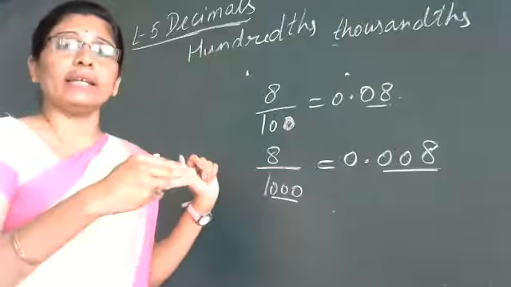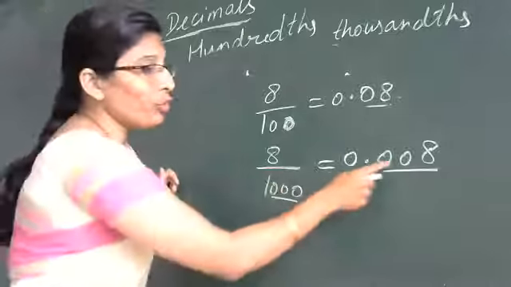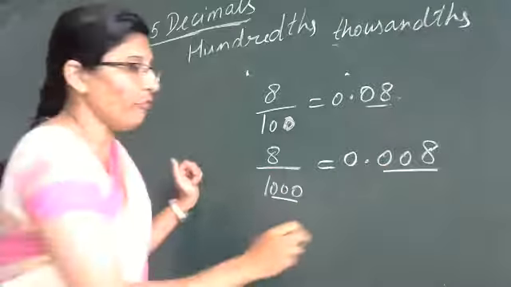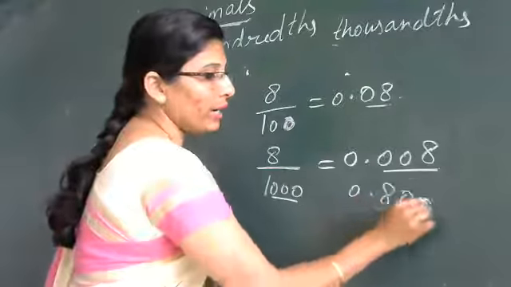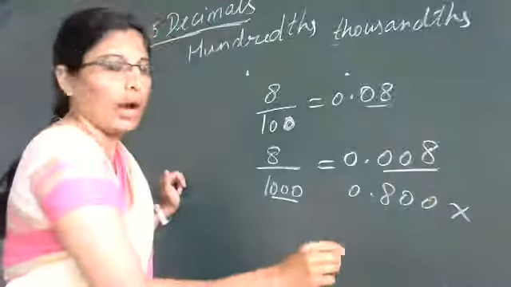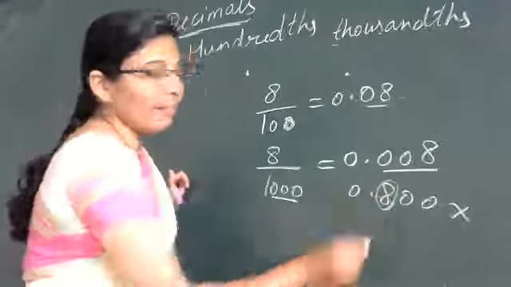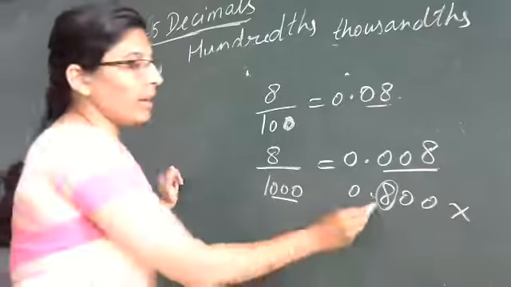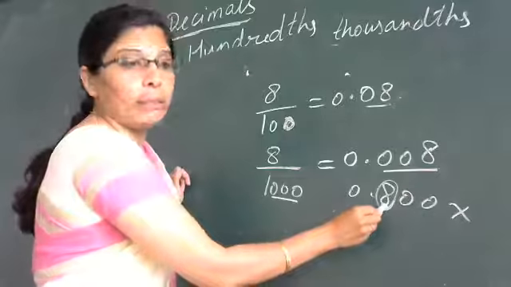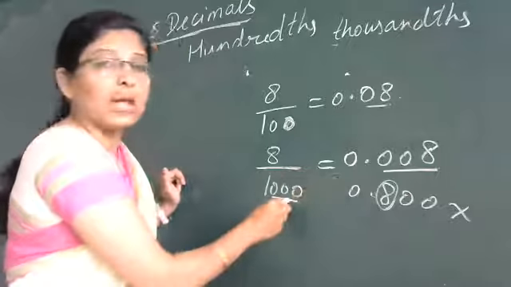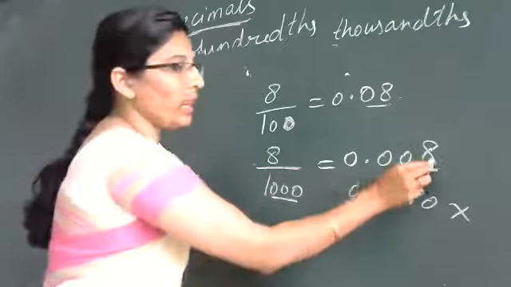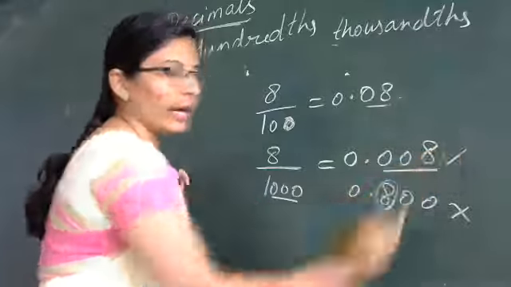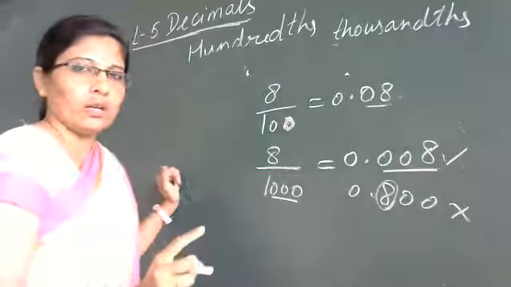So to make the 3 digits, we have to put 0 in front. If we put 0 on the back side, it is wrong. Why? Because the place of the digit will change. This will come in the tenth place, but we want the thousandth place. So the thousandth place is this. So this is correct. Okay.